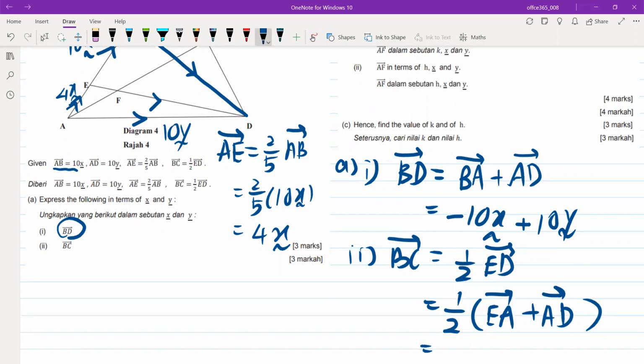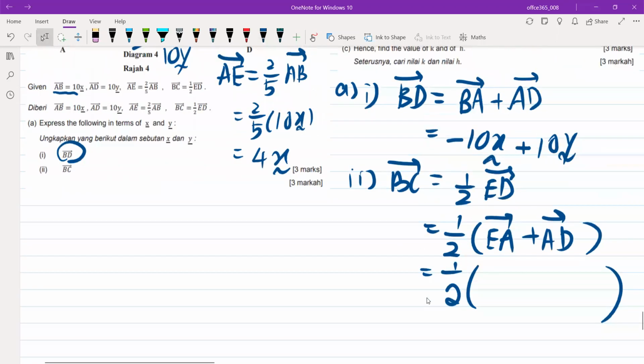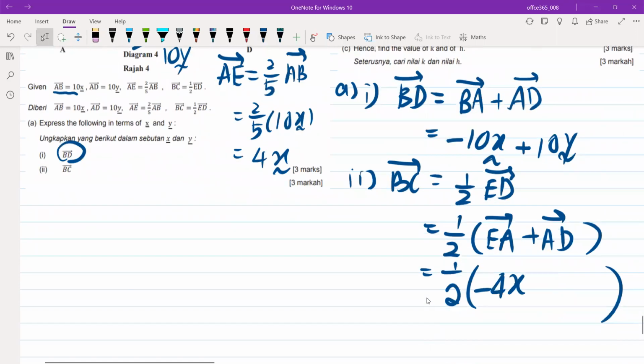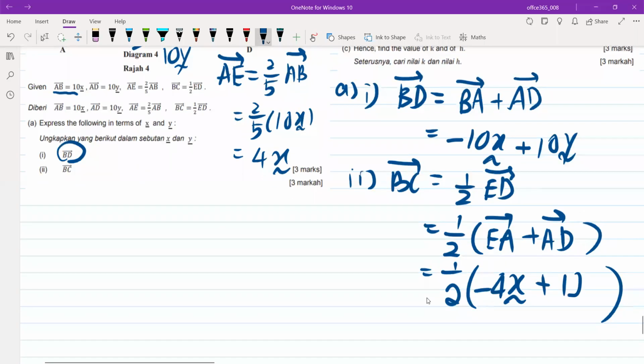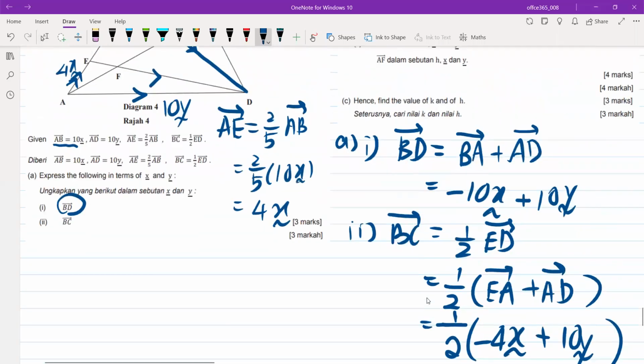You can link to EA. EA is negative 4x because AE is 4x, and AD is 10y. You expand the half times, and you get 5y. You see? And now BC is done already.